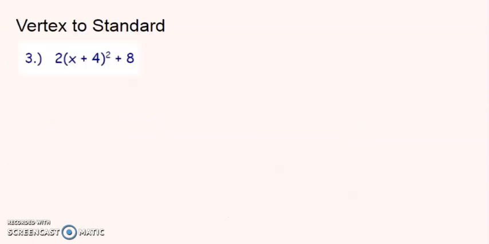Okay, now the last example, we have vertex to standard. So instead of factor to standard, we're going to take it further and go from vertex to standard. So you want to follow the 5-step plan. Step 1, expand. We have 2 parentheses x plus 4 parentheses x plus 4 close parentheses plus 8.